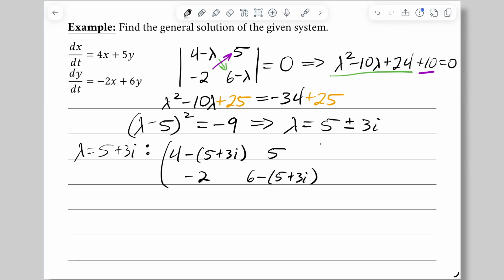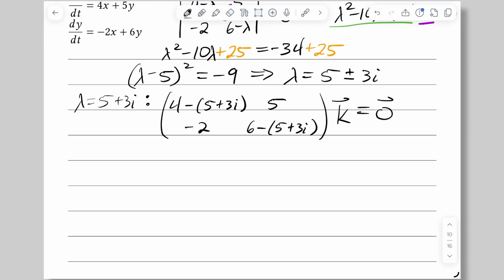And remember, it's that matrix times k equals 0 that gives us our k, or our eigenvector. One pitfall to watch out for is to make sure we distribute the negative when we're simplifying inside of this matrix. Doing so gives me negative 1 minus 3i, 5, and negative 2, 1 minus 3i, times k is equal to 0.